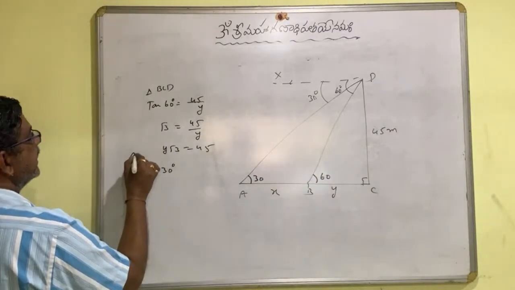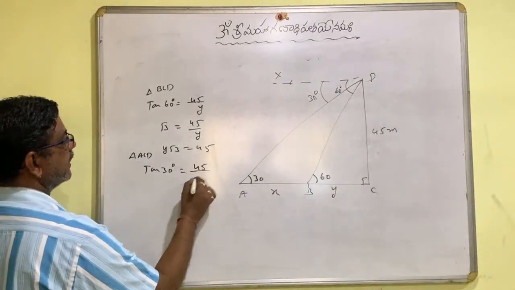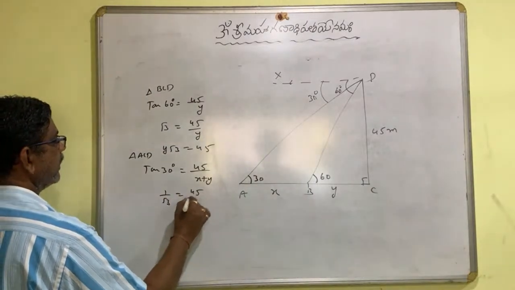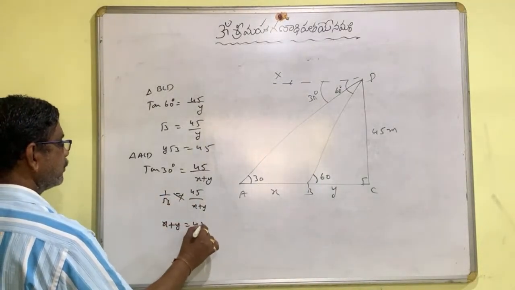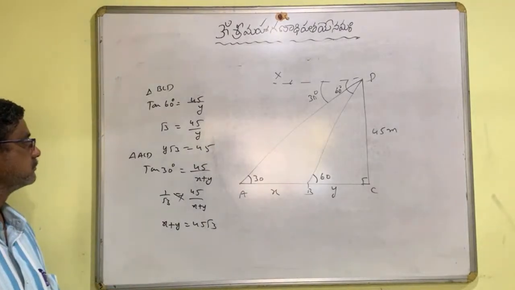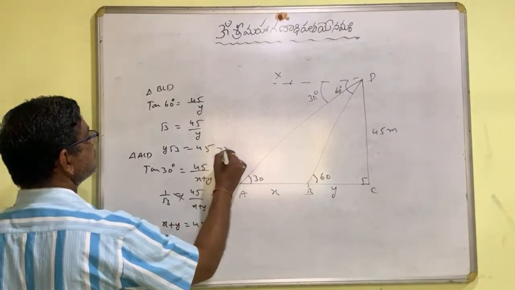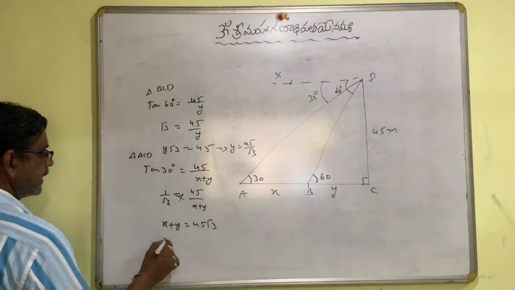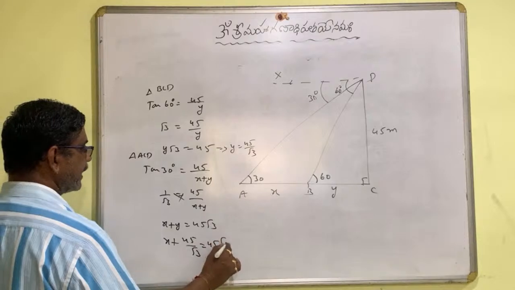Now triangle ACD, tan 30 is 45 by x plus y, 1 by root 3 equals 45 by x plus y. So x plus y is 45 root 3. And from this, y is equal to 45 by root 3. So here x plus 45 by root 3 is equal to 45 root 3.